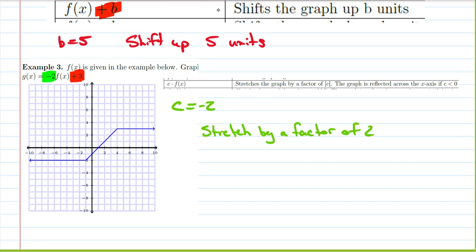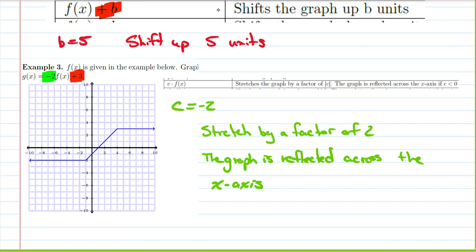And since C is less than 0, the graph is reflected across the x-axis. So that's our first part. It's going to take our graph and reflect it across the x-axis.